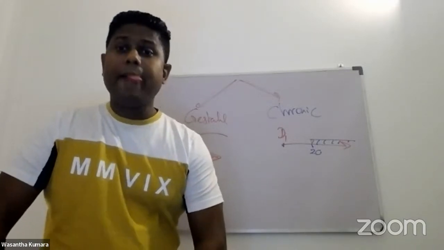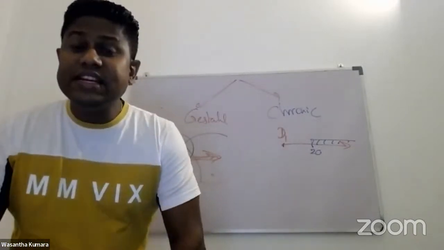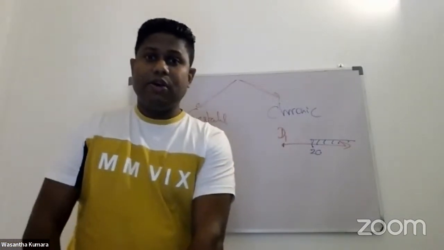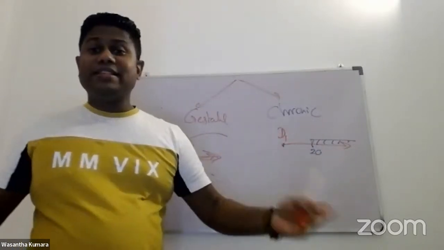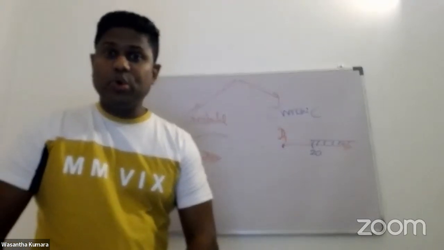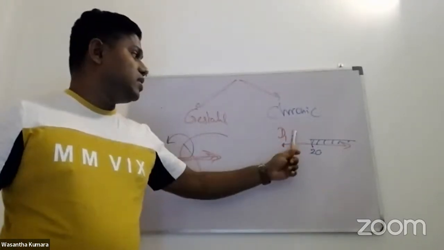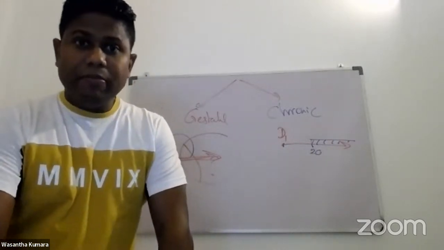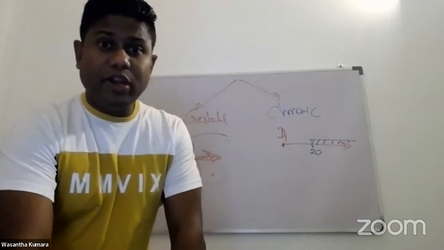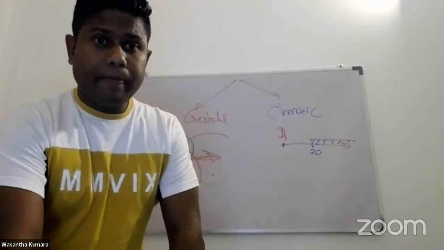And the other thing is, gestational diabetes will not cause congenital abnormalities. Why? By 20 weeks, all the organs and systems are developed. So congenital abnormalities you won't see with gestational diabetes. So remember these few differences between gestational diabetes and chronic diabetes.